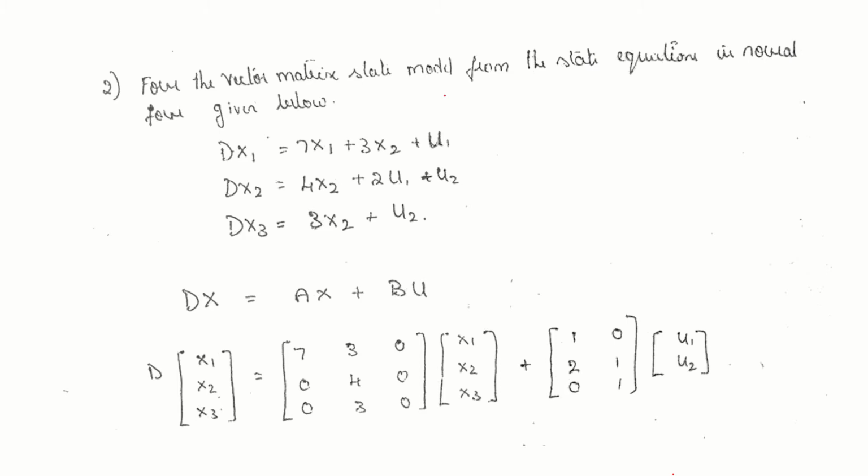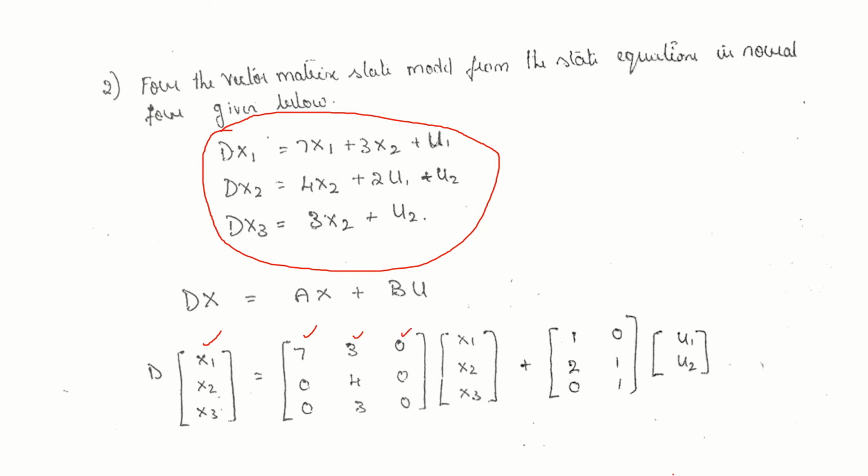So I have given three state equations now. Just learn how to draw the state model. dx is equal to A x plus B u, with x1, x2, x3. There are two inputs, u1 and u2. Now the x1 coefficient is 7, the x2 coefficient is 3.